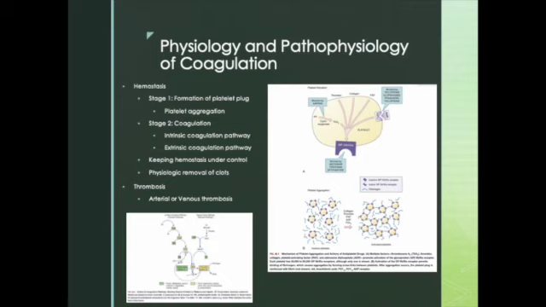We also need to keep hemostasis under control, and this is going to protect against widespread coagulation. Our body has to be able to inactivate clotting factors if they move away from where they need to be at the vessel injury. And this is accomplished by antithrombin. Antithrombin is a protein that forms a complex, and this complex has clotting factors and inhibits their activity.